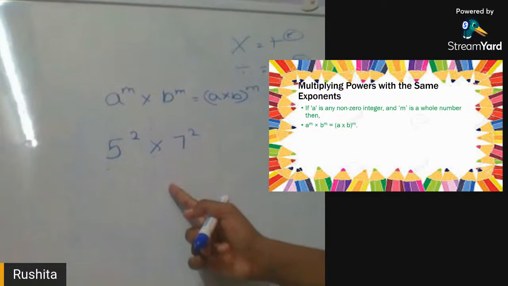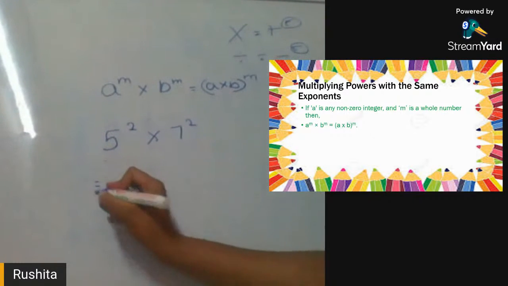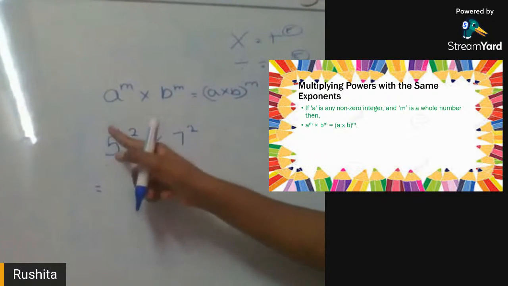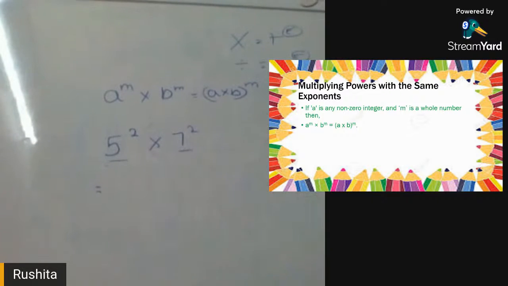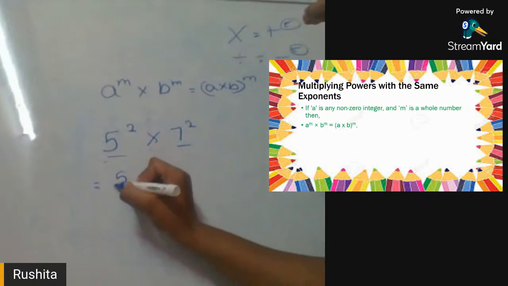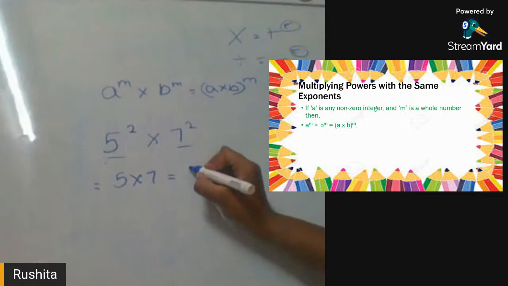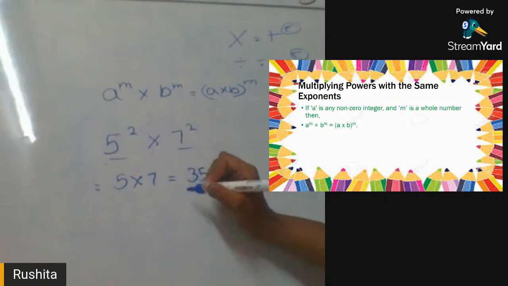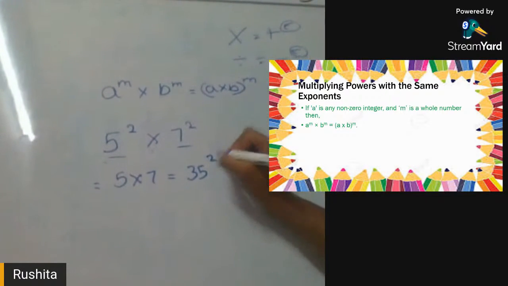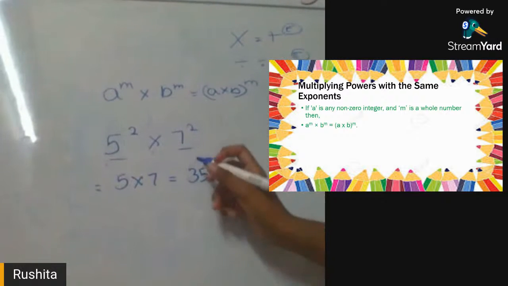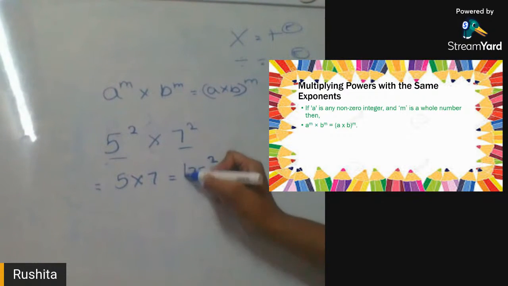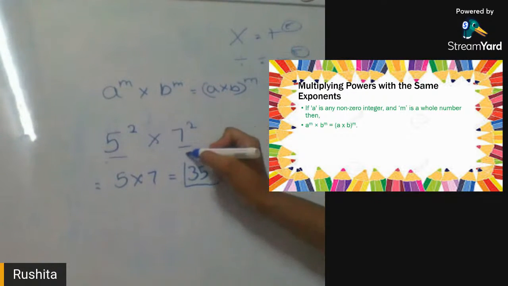So how are you going to solve this one? You are going to multiply the bases. So 5 into 7, which will be 35. And now you write the exponent the same. So the answer will be 35 to the power of 2.